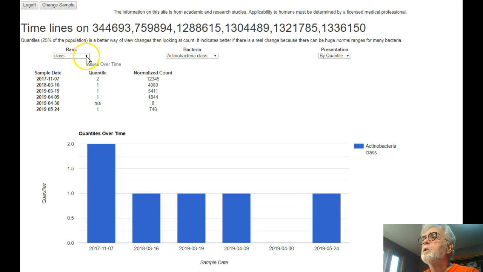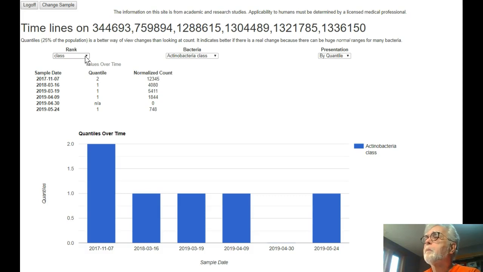First, let's go over to rank. I won't explain bacteria rank, except there's a hierarchy, just like we have street to village, village to county, county to state, state to country, country to continent.